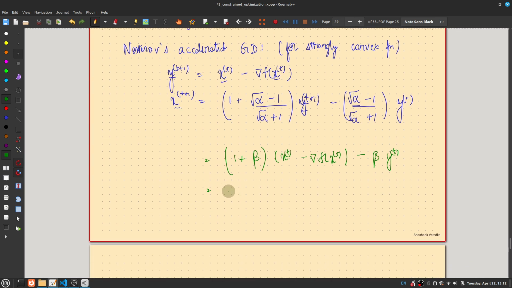This is equal to x t minus gradient f of x t plus beta times some function, let's call this g, that depends on x t and also depends on x t minus 1.